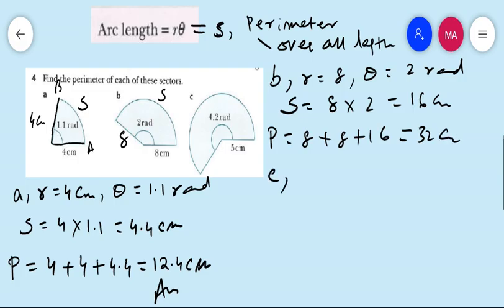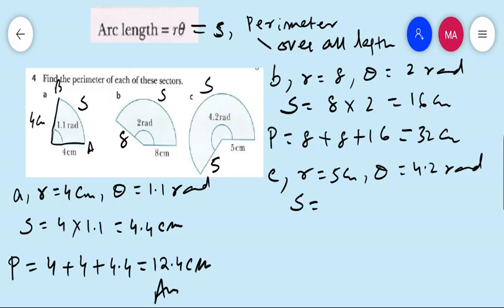Understand? Part C. Here radius is 5 centimeter, it means this is also 5, and this whole means arc length. So R is equal to 5 centimeter, theta is equal to 4.2 radians.